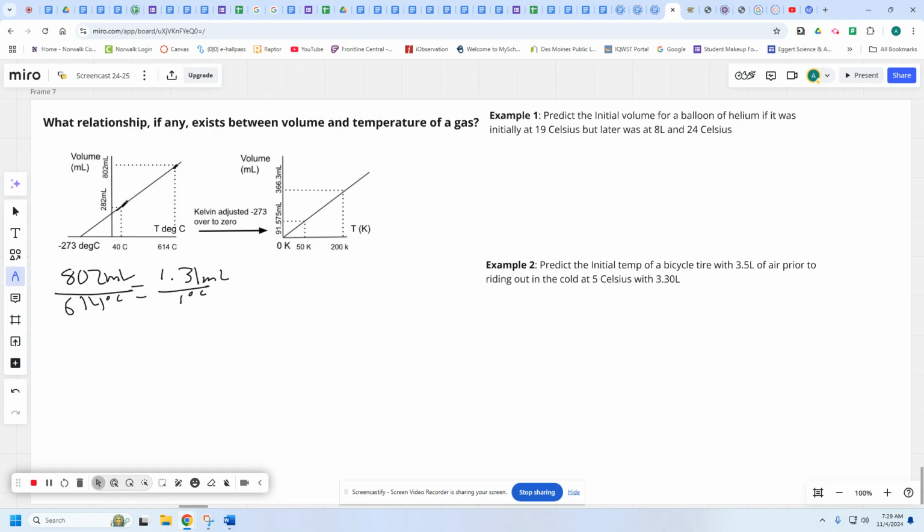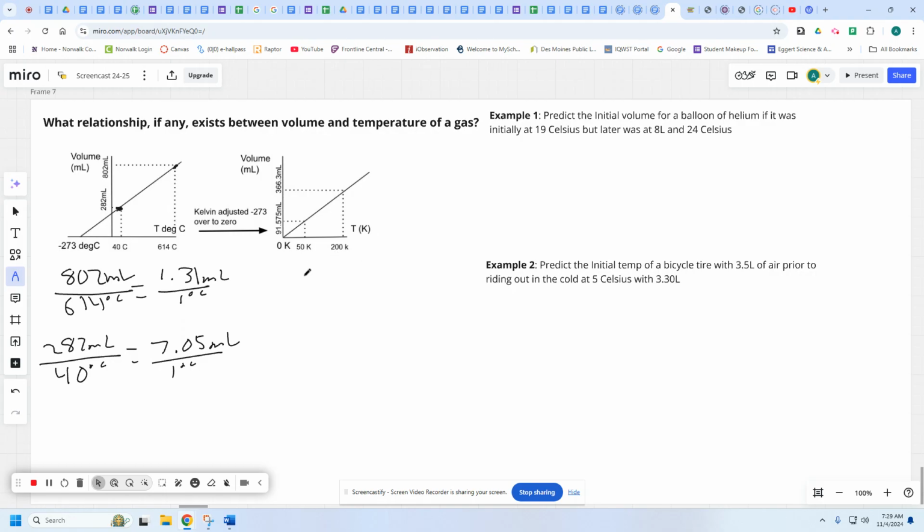And if I do the other data point of 282 milliliters at 40 degrees Celsius, you guys should see that that's 7.05 milliliters for every degree Celsius. So even though it's a linear graph, the ratios are not equal to each other. And we talked in class about how the y-intercept and the x-intercept likely shift those relationships and make them look different at each individual data point.